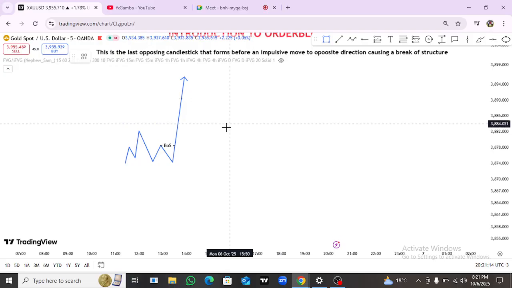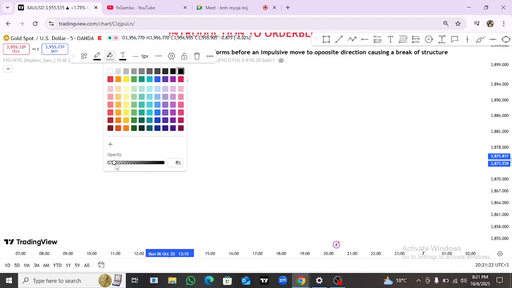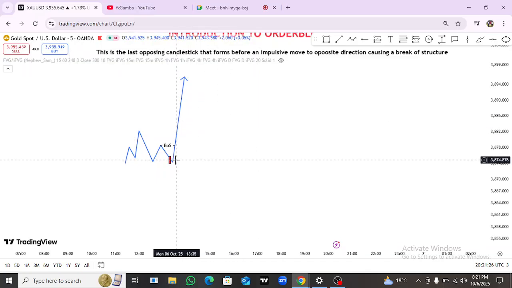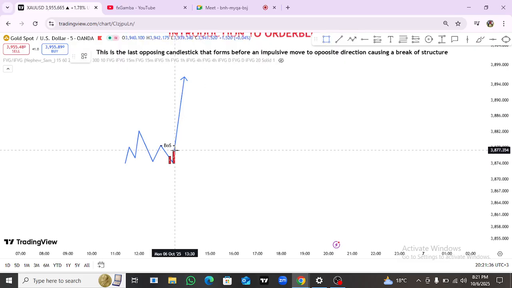So the last bearish candle that formed before this bullish impulse, that is what we shall be calling an order block. This was the last bearish candle that printed before the bullish impulse that caused the market to go up, and it also caused a break of structure.